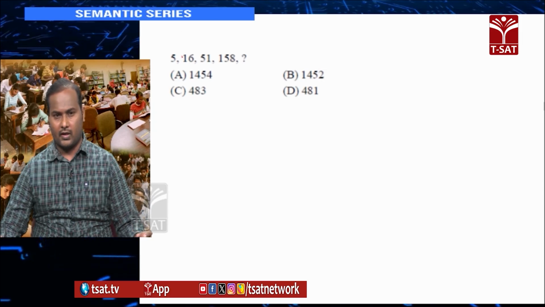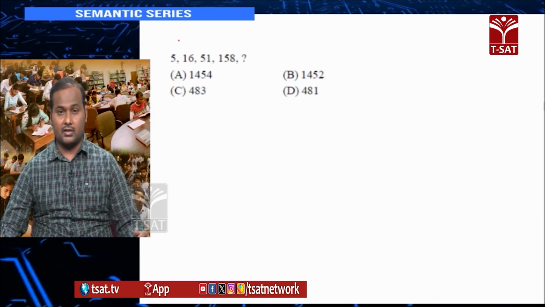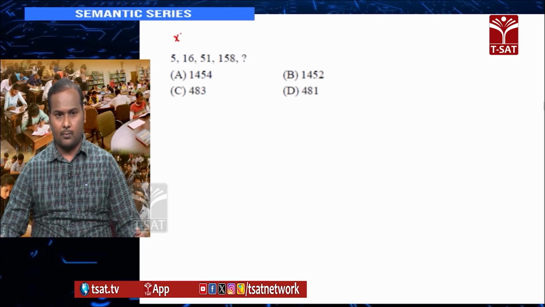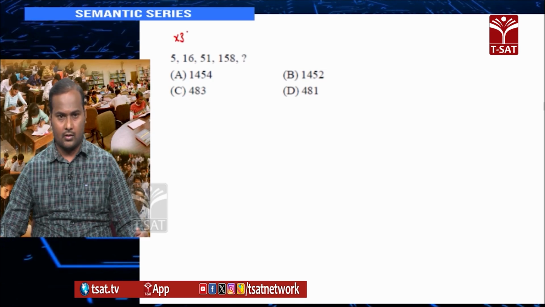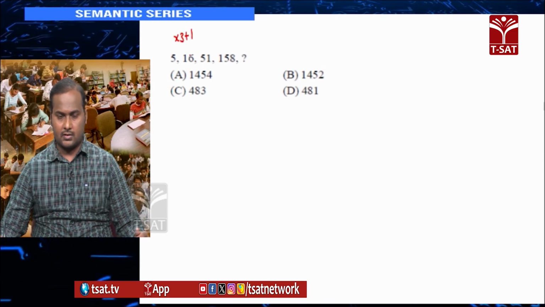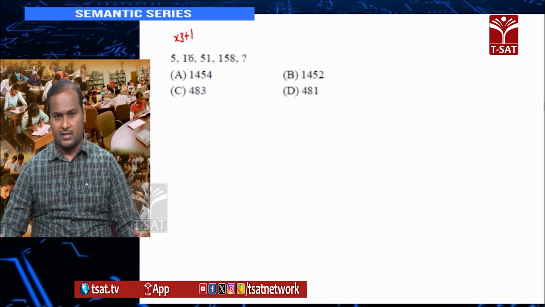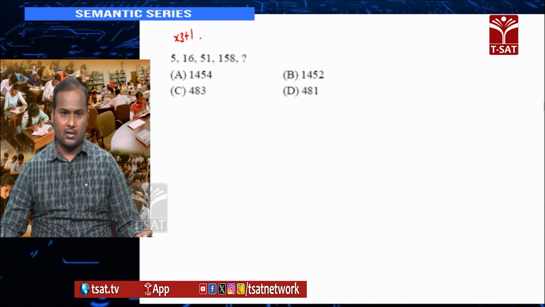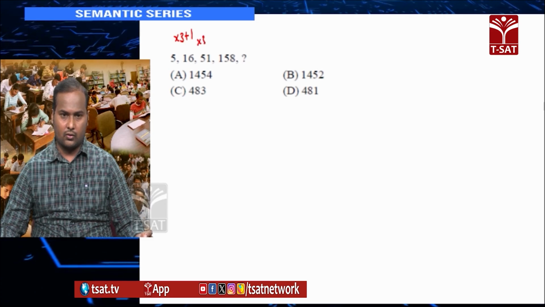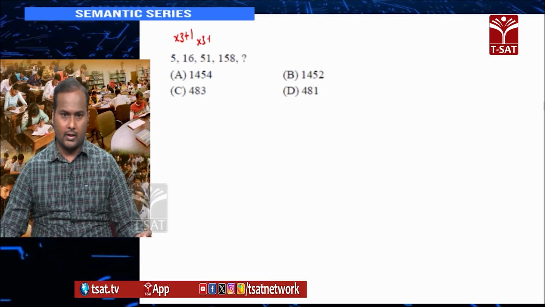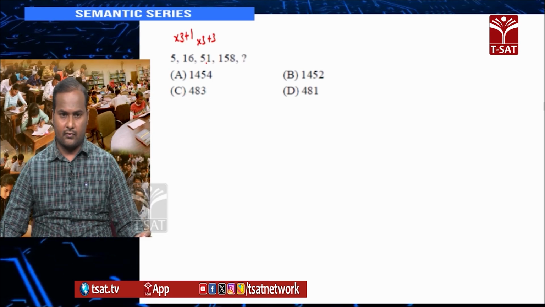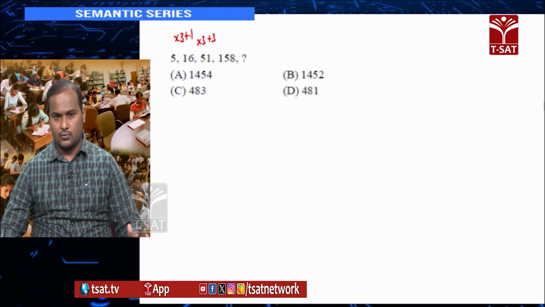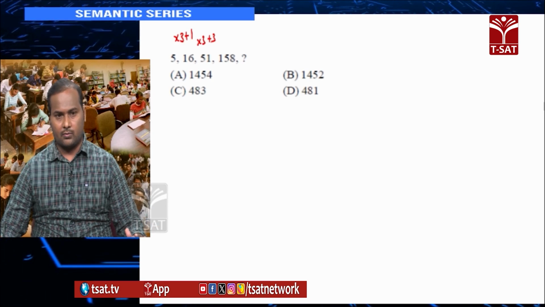For example, from 5 to 16, it is 3 times. So obviously I will write like 5 multiplied by 3, 15 plus 1, that is 16. In the same way, 16 to 51, here also it is increasing by 3 times, that is 16 into 3, 48, again plus 3, that is 51.